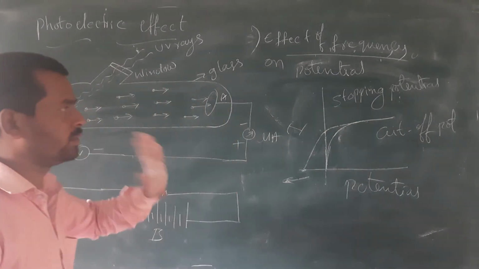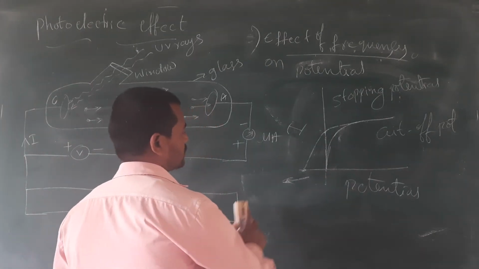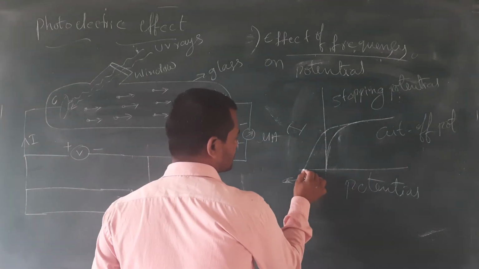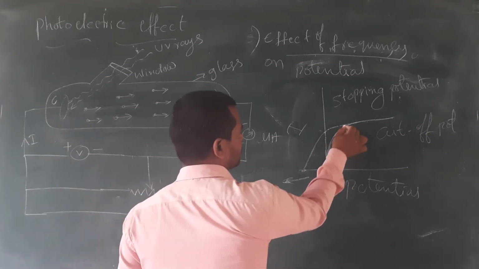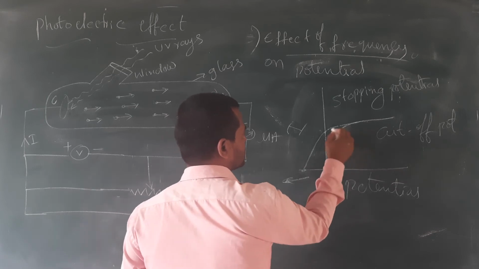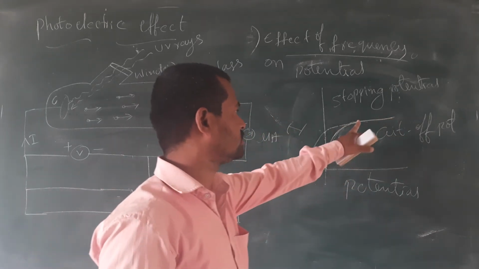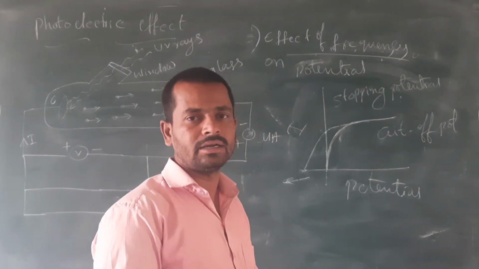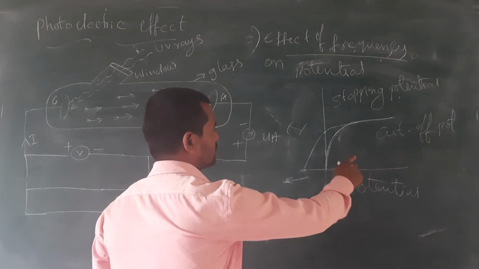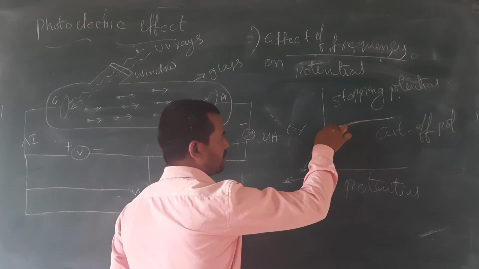So like this we have to define it. If we increase again, it follows like this, but whatever the values, for all the values the saturation current is the same. Saturation current is not different for different things. But while decreasing, it cannot follow like this, it may follow like this.